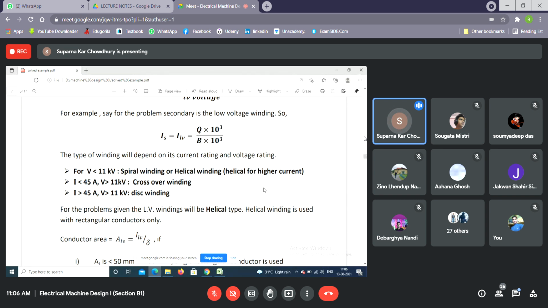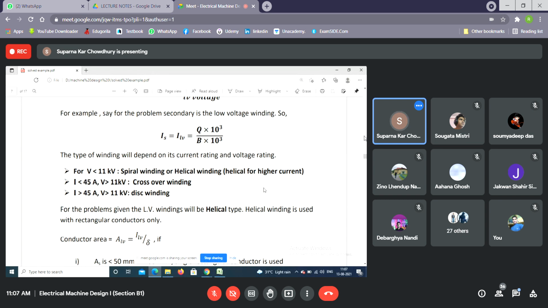If the current is less than 45 ampere and voltage is greater than 11 kV, the most preferred is the crossover winding. If the current is greater than 45 ampere and voltage is more than 11 kV, then we have the disc winding. Now, these are the basic windings.